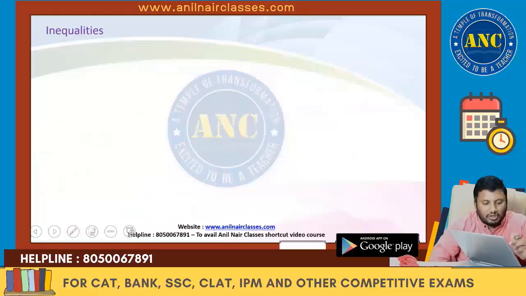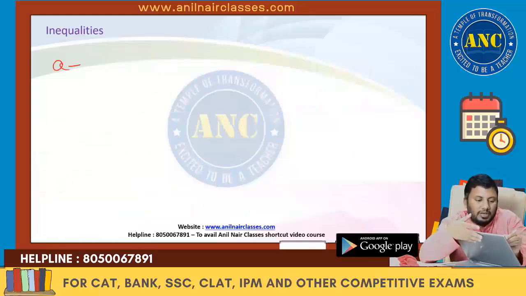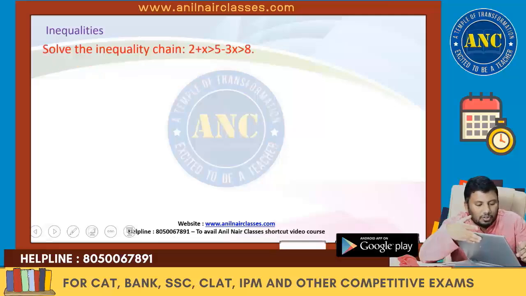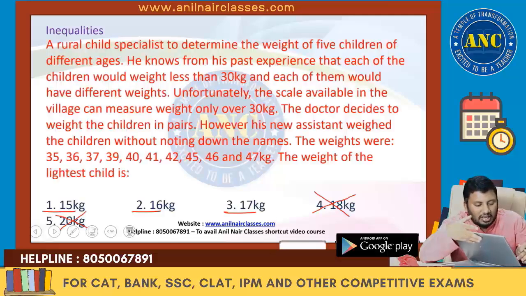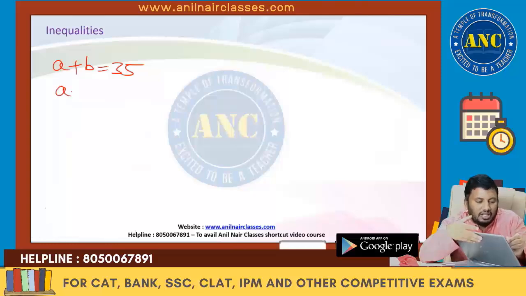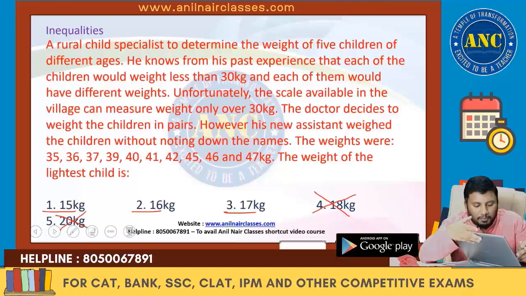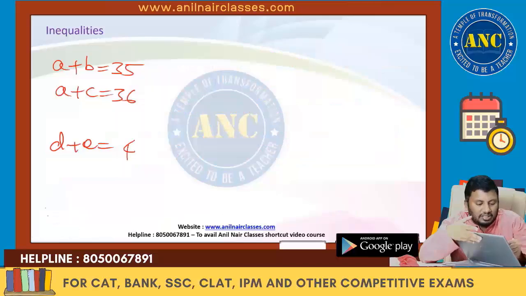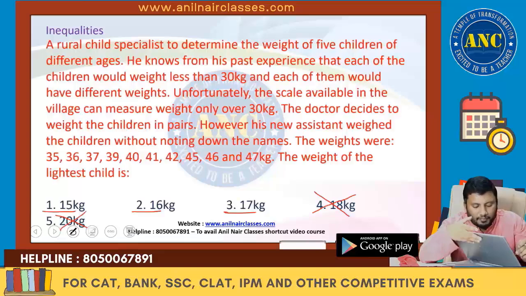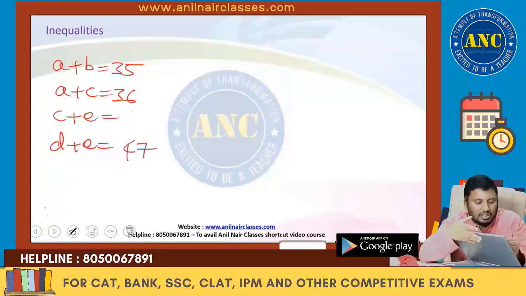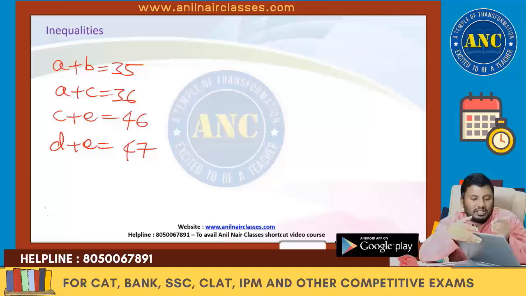So what we have to do is, A plus B is nothing but 35. What is A plus C? A plus C is nothing but 36. Highest D plus E is nothing but 47, and C plus E is 46.